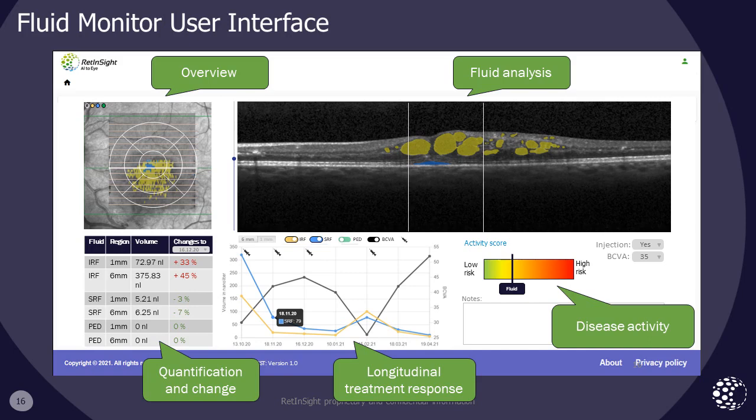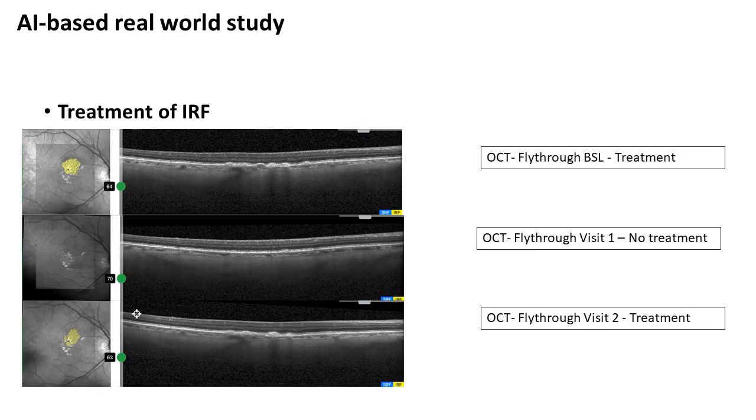Of course, there's also a calculation of the change as compared to the previous visits. There is a longitudinal treatment response curve that shows you visual acuity over time as well as intra and subretinal fluid, and disease activity is indicated to be communicated to the patient.